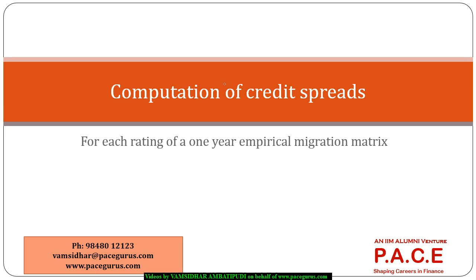Hello everyone. In this session, I want to look at how we can use R to compute the credit spread, provided we are given an empirical migration matrix.